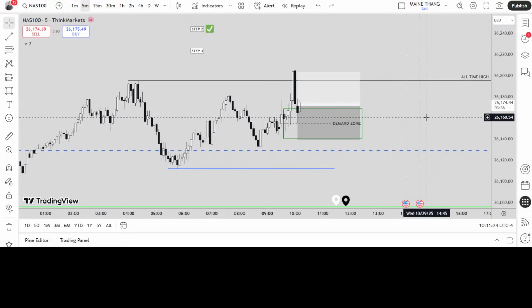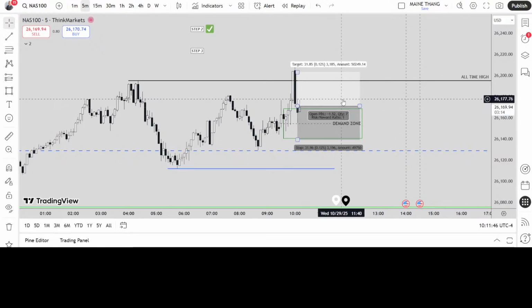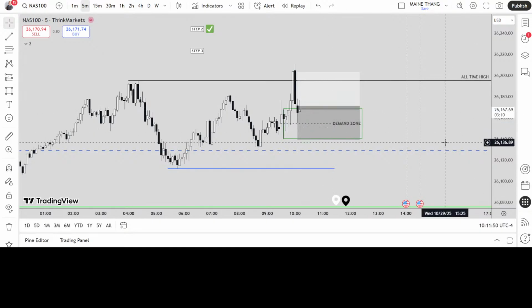Definitely can enter. Now, if this candle closes just above this bullish towards the end of the count, I'll consider an entry.